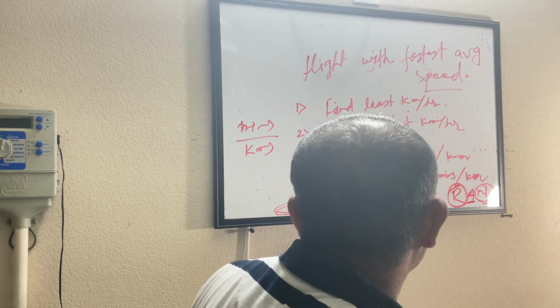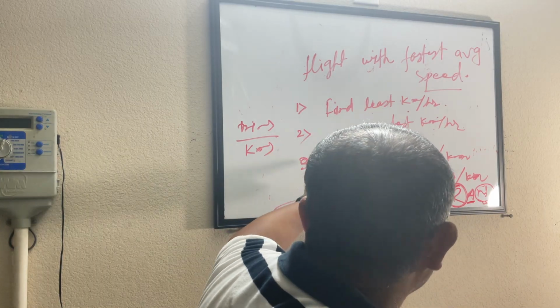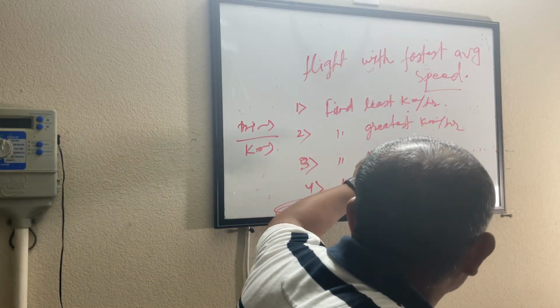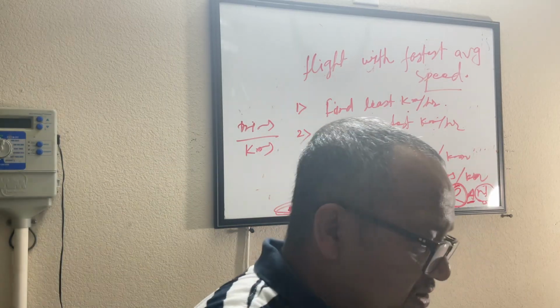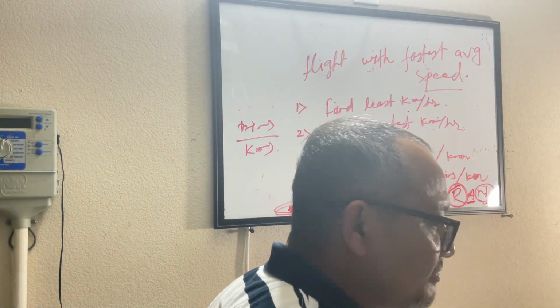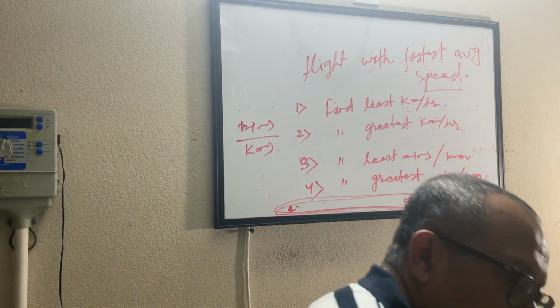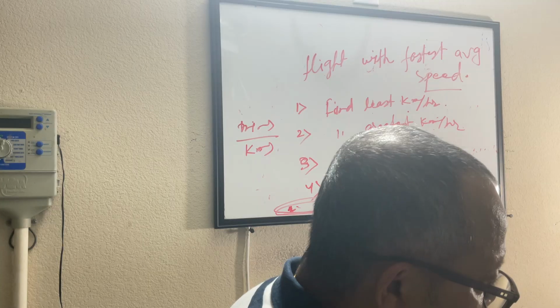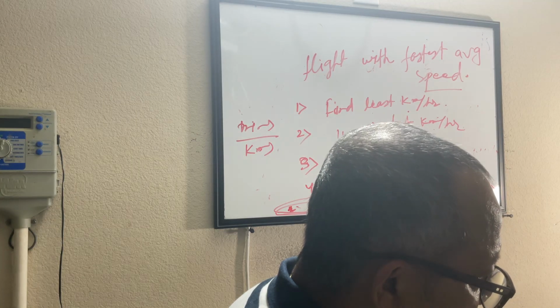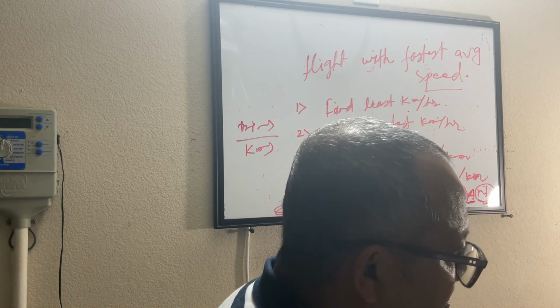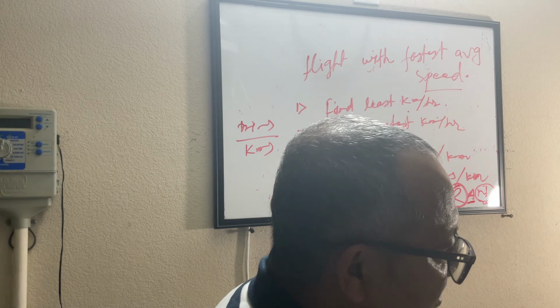Consider me a layman and explain to me what you mean by finding the least minutes per kilometer. What does it mean? It basically is your time divided by distance. Time divided by distance.